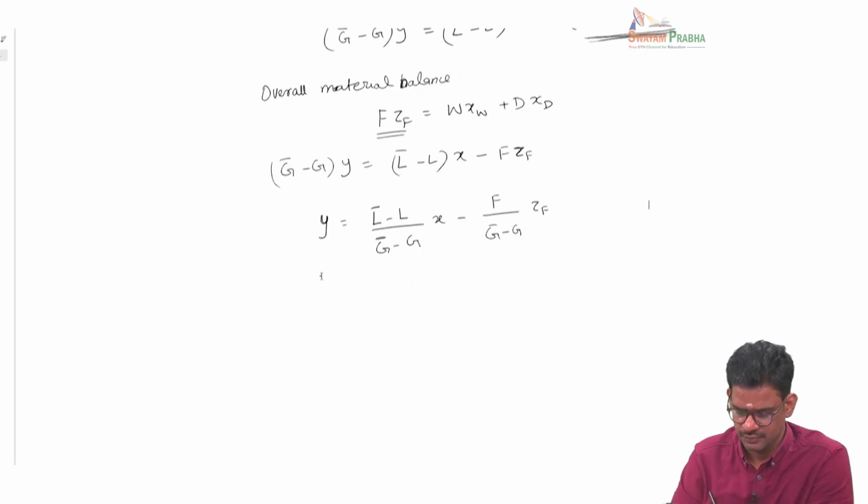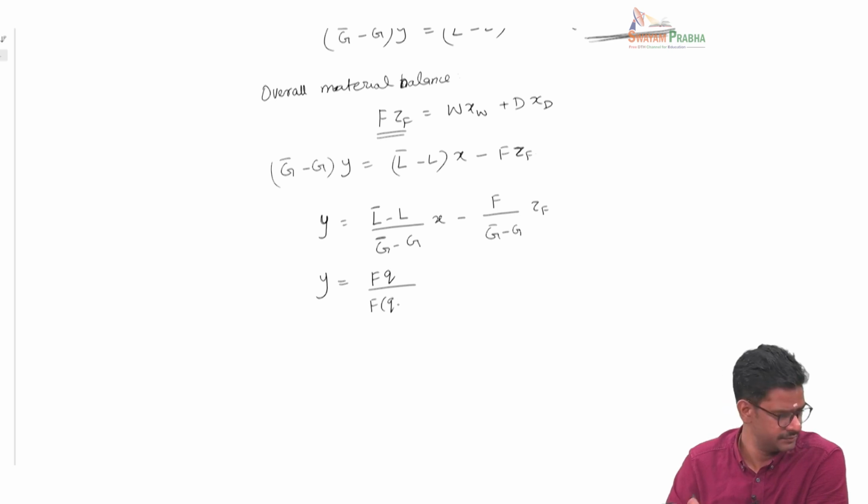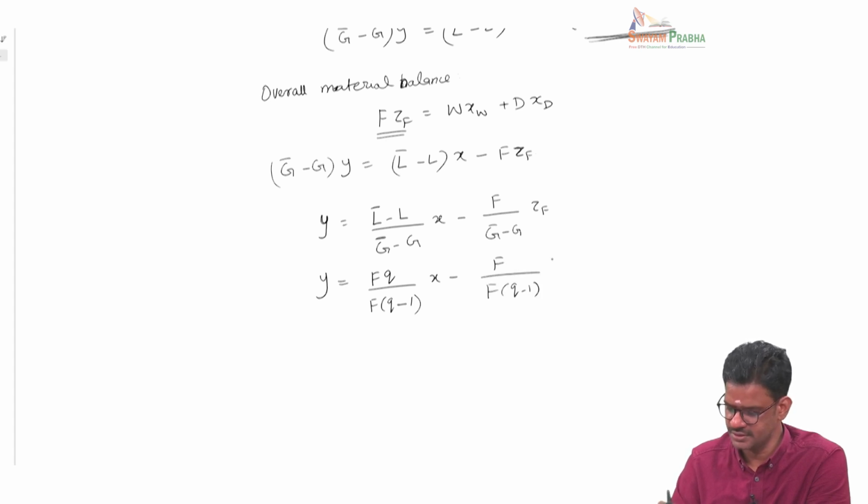So this is F times Q, this is F times (Q minus 1) times X, this is F times (Q minus 1) ZF.